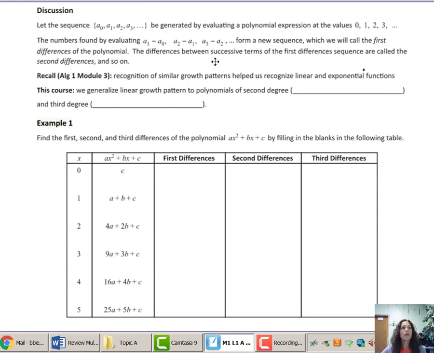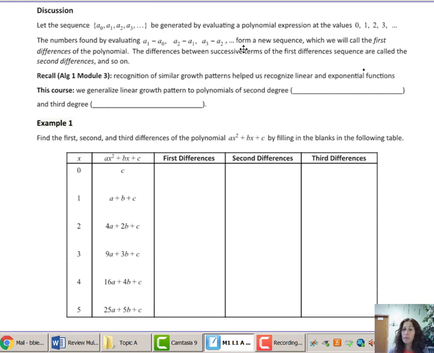So basically the term minus its previous. That will form a new sequence, and we'll call that new sequence the first differences of the polynomial. And then the differences between successive terms of the first differences are called the second differences, and so on.